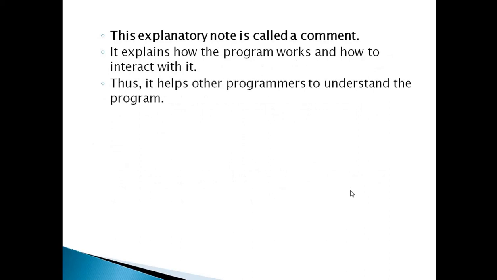This explanatory note is also called a comment. It explains how a program works and how to interact with it. The comment tells the user what a step or a program segment is going to do.